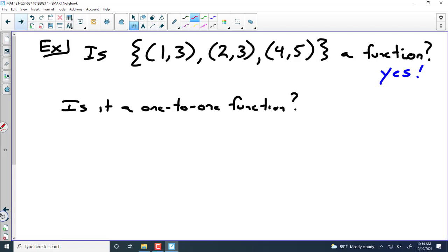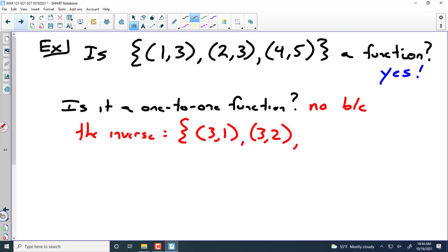No, because the inverse, 3, 1, 3, 2, 5, 4, is not a function. Cool? Just want to make sure everyone gets this, because if you don't understand the basics here, then the rest of the section is going to be nonsense.